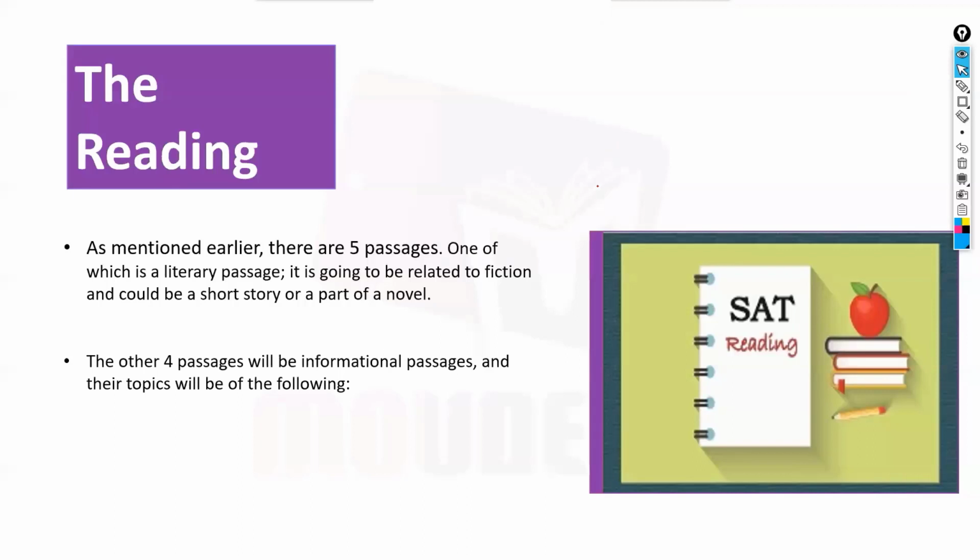The other 4 passages will be informational passages, and their topics will be of the following: history, social studies, and science. So very simple, actually. There's no need to explain a lot of details. You have 5 passages, one of which is a fiction passage, and the other 4 will be informational: history, social studies, or science.